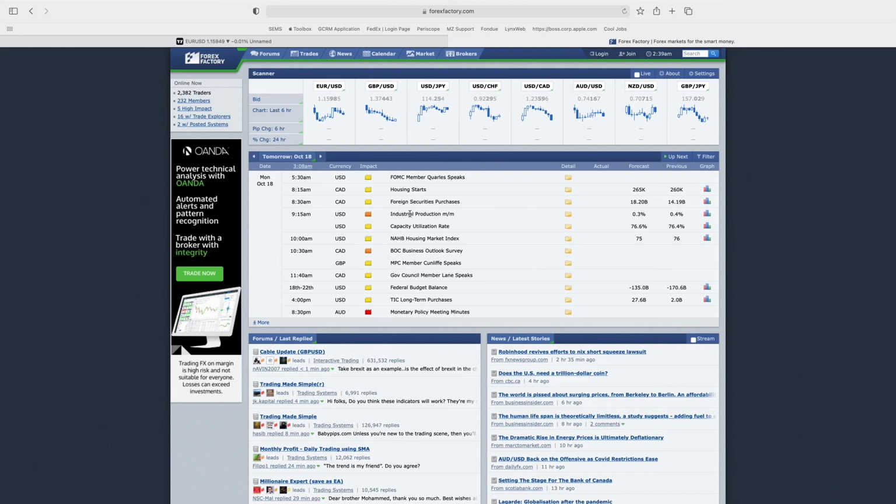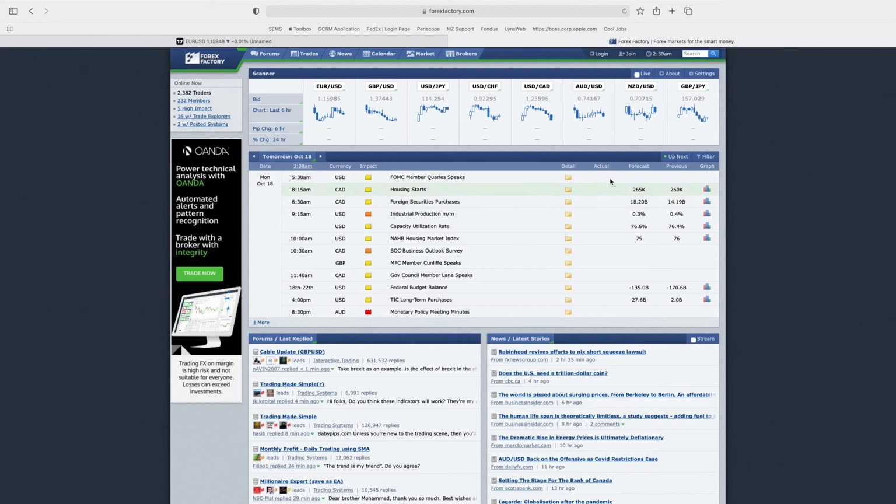Now, I want you guys to understand this. There are 3 types of impact folders. Yellow folders, low impact. Orange folders, medium impact. Red folders, high impact.